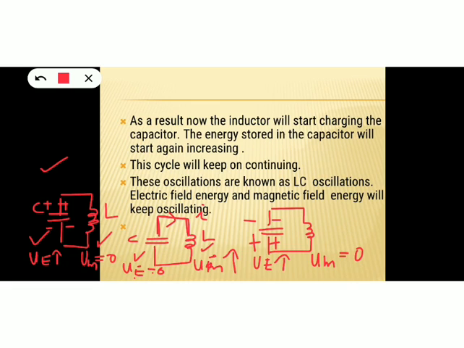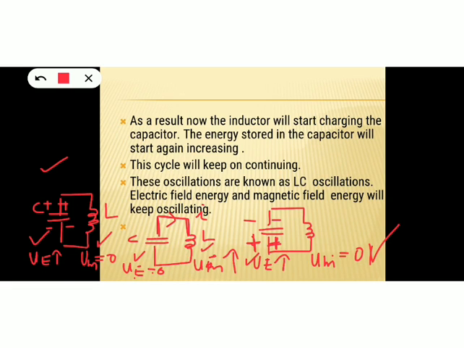And once the capacitor is fully discharged, it will again start to charge. So now again charges start to appear in the capacitor but in the opposite direction. So again the electrical energy stored in the capacitor is maximum, but the magnetic energy stored in the inductor will be 0.